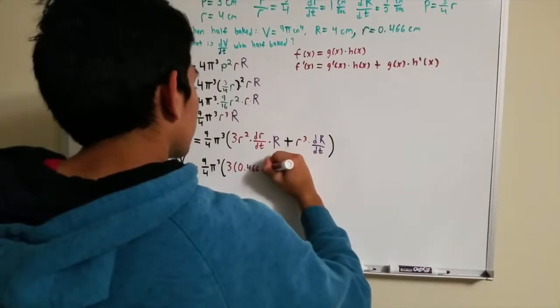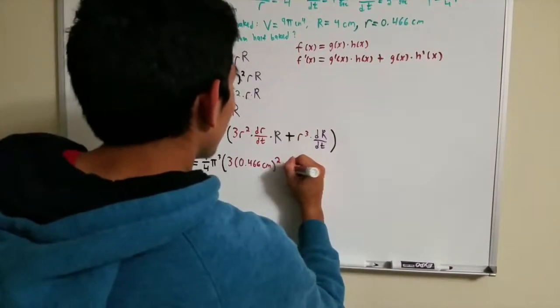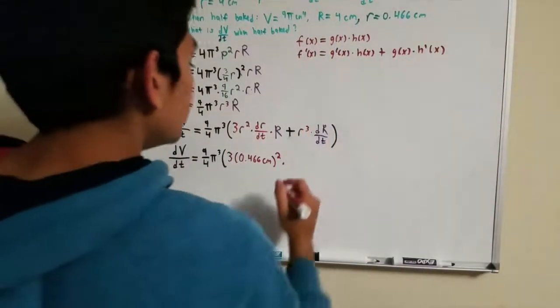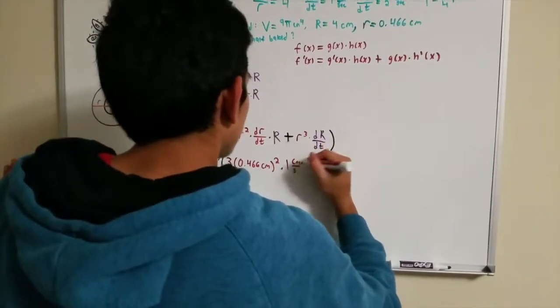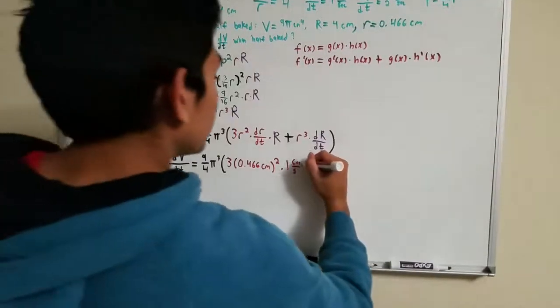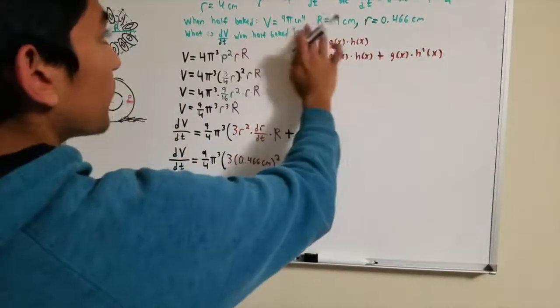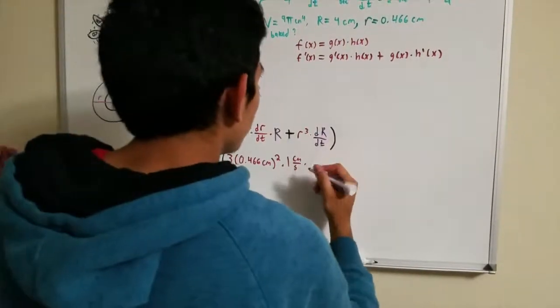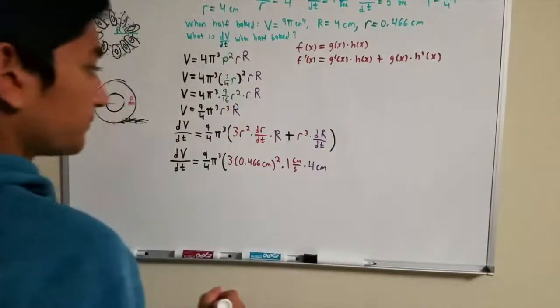You have to square that, multiplied by dr over dt, which is 1 centimeter per second, times capital R, which when it's half baked will be 4 centimeters.